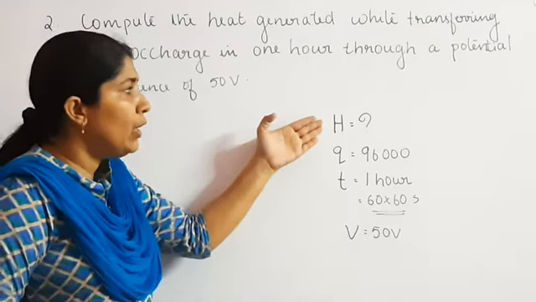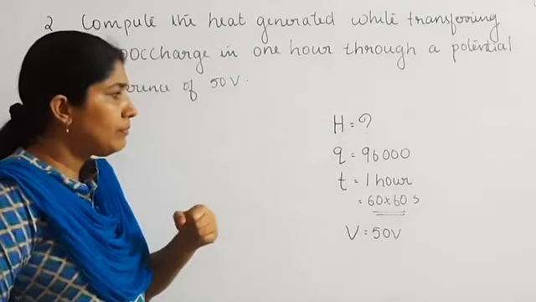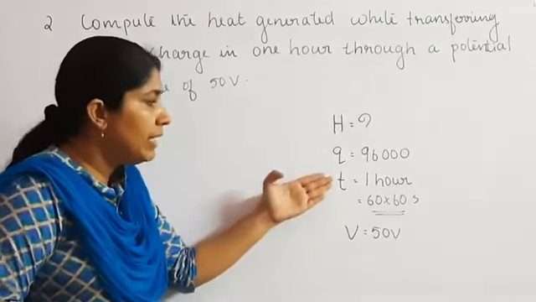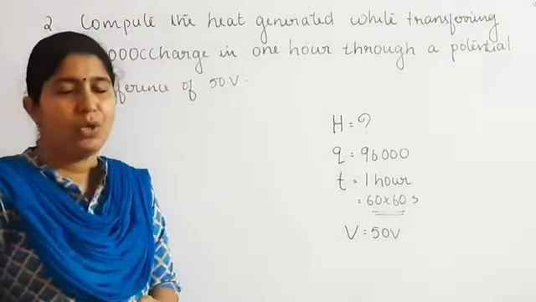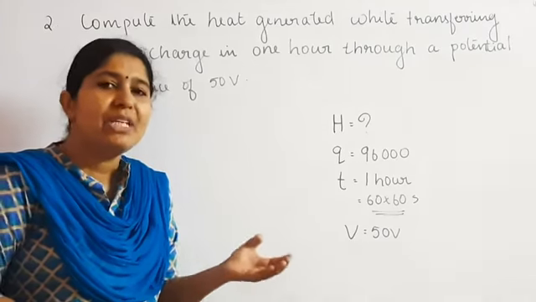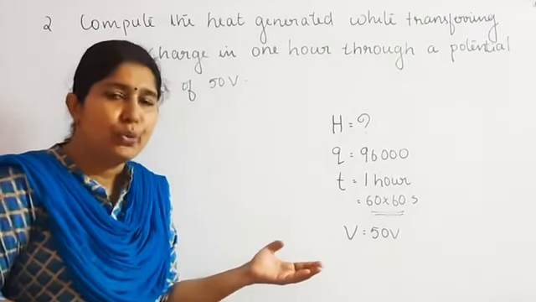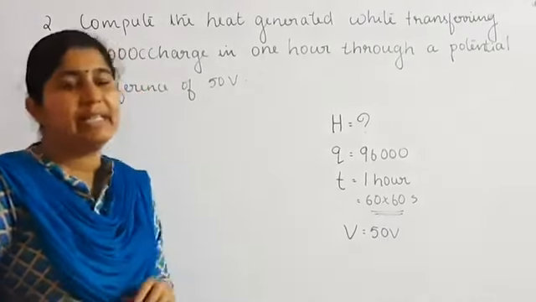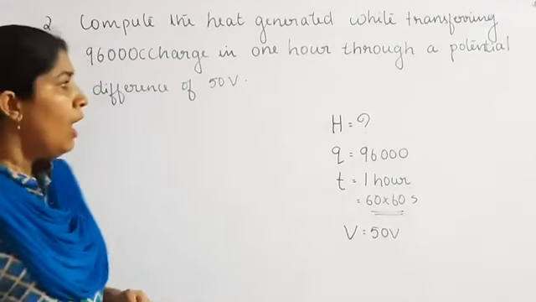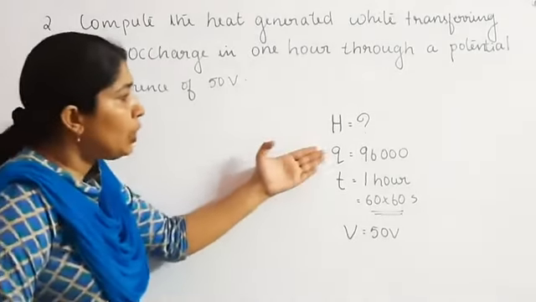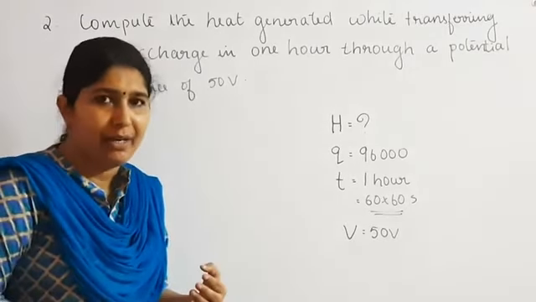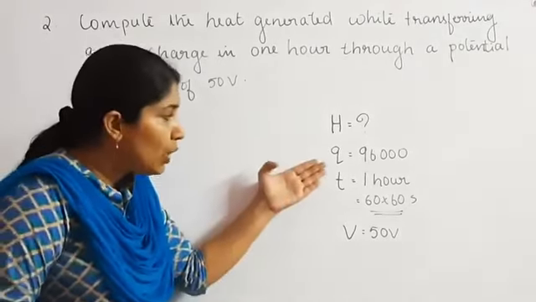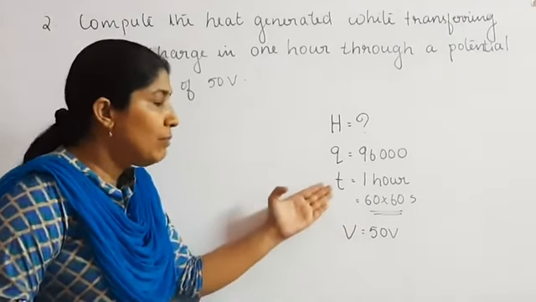We want to find the heat energy. Here charge, time and voltage V are given. Now which equation do we use? Charge divided by time, Q by T, is equal to current. Current is known, voltage is known, time is also given.